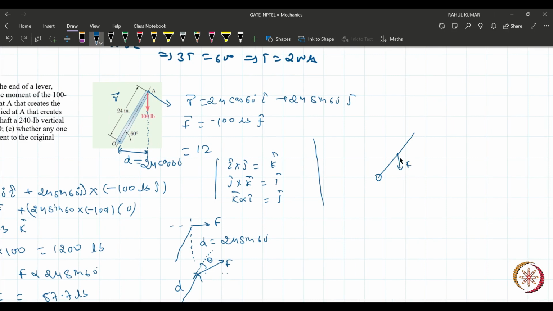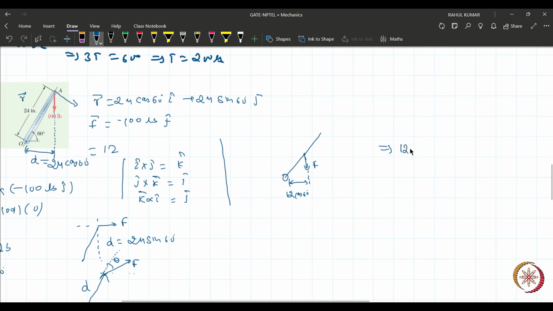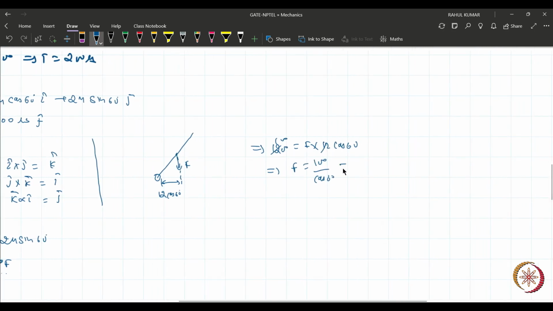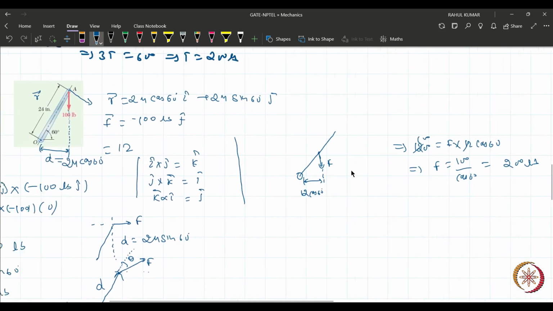What will be the perpendicular distance? 12 cos 60 degrees. So 1200 equals F into 12 cos 60 degrees, so 100 divided by cos 60 degrees. What will be the answer? 200 lb. Am I right? Are you guys also getting the same answer?